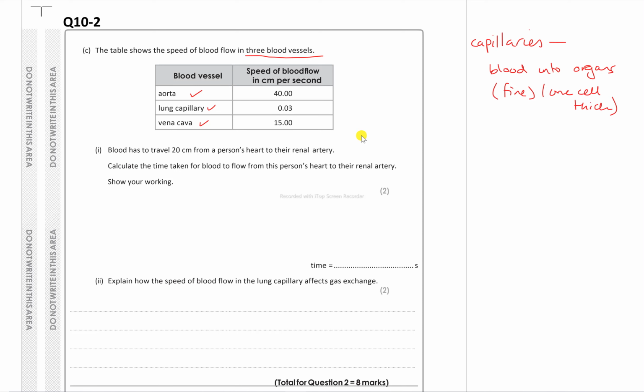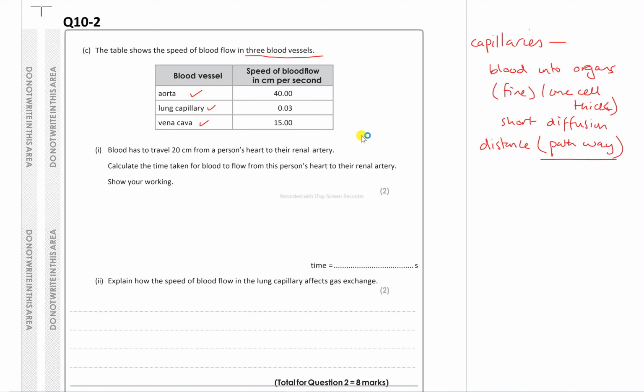So there's a short diffusion distance. I like distance. It makes more sense to me, but people also call it pathway. That might be more of a correct term.